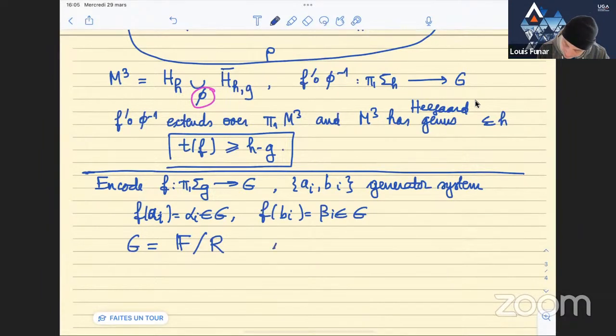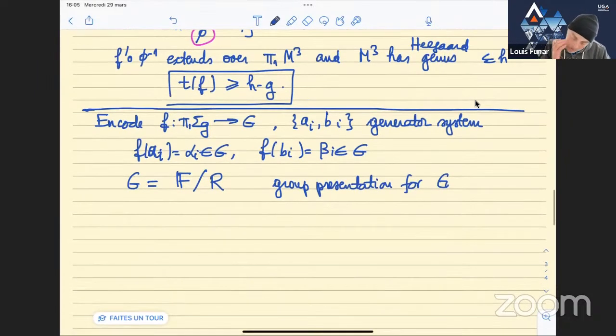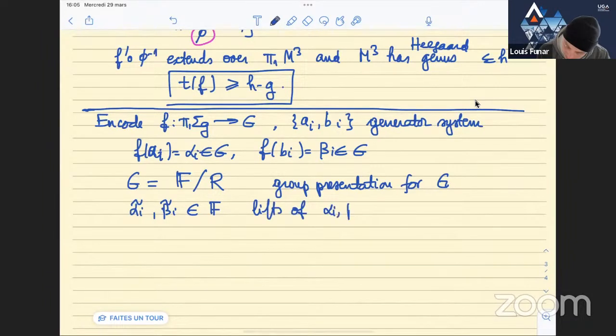So that's a group presentation for the group G. So I'm looking at alpha i tilde and beta i tilde, a priori arbitrary lifts in F of alpha i and beta i, which were elements of G.